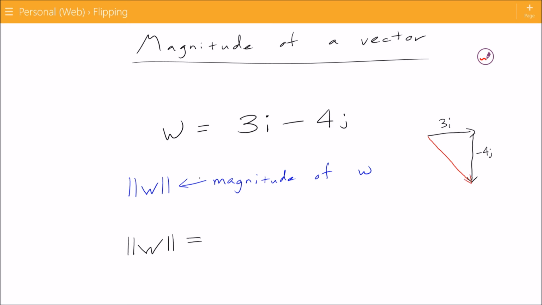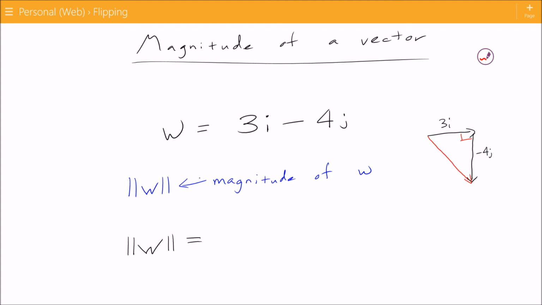Since the 3i is horizontal, and the 4j is vertical, the angle that I've got right here where the two meet is a right angle. So hey, I have a right triangle here, and I happen to know two sides. Is it possible to get this third side, which in this case happens to be the hypotenuse?